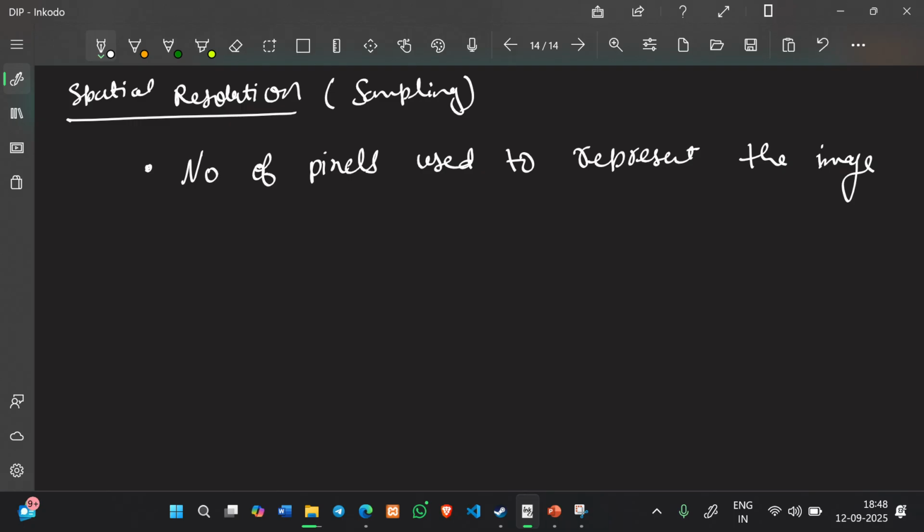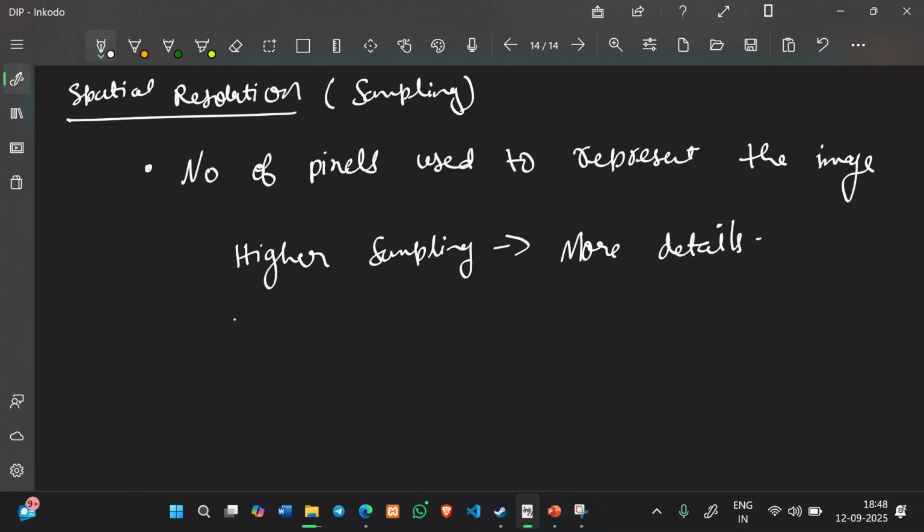And we also know that if there is higher sampling, it means there are more details. And if there is lower sampling, it means a blocky or blurred image you can say.